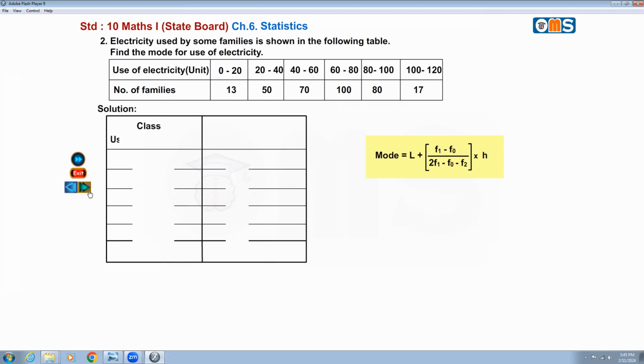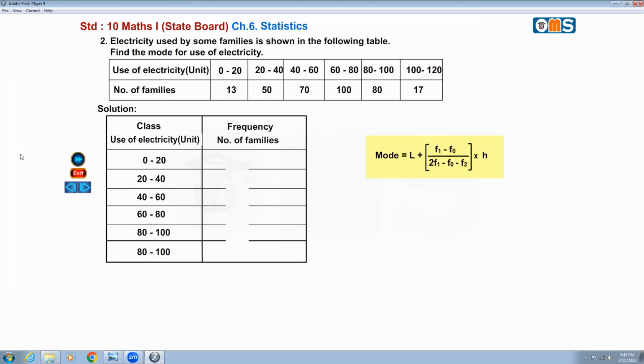Solution. Class: use of electricity in units. Number of families, that is frequency. Write the class first: 0 to 20, 20 to 40, 40 to 60, 60 to 80, 80 to 100, 100 to 120.